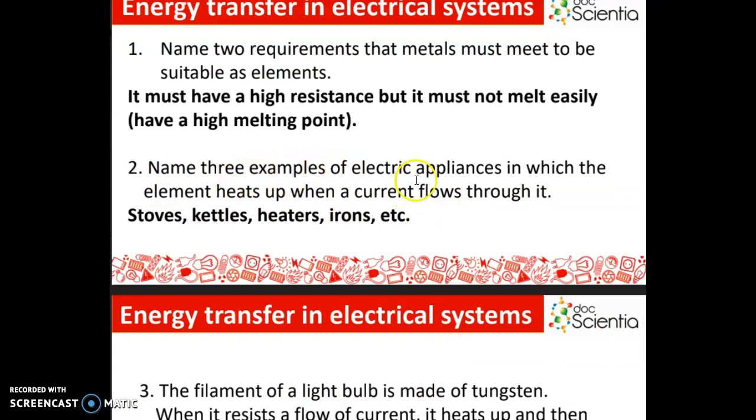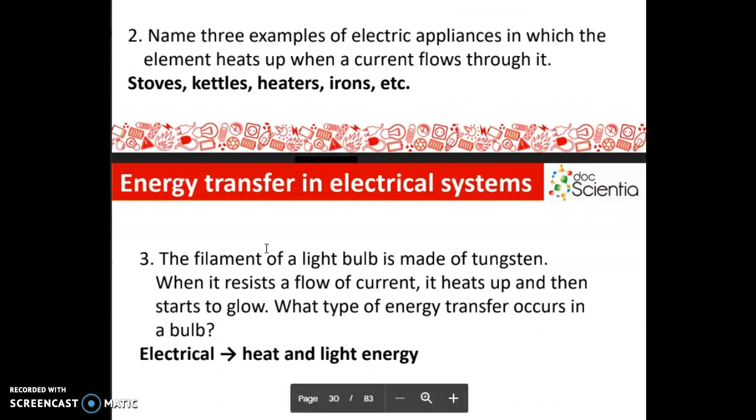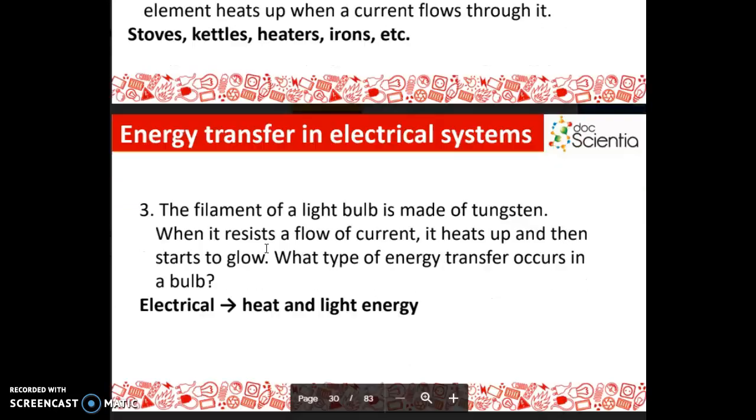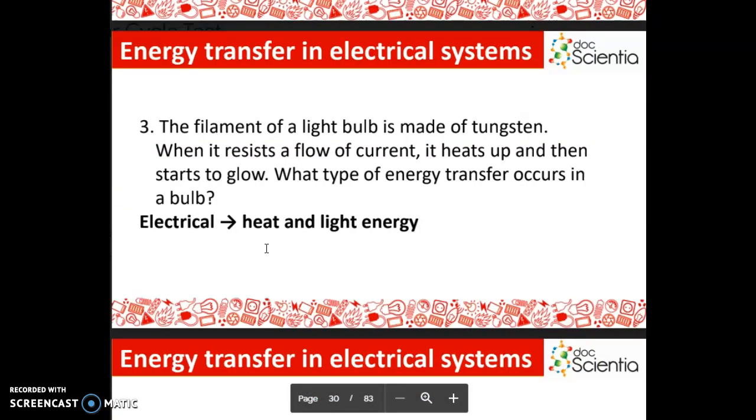Name 3 examples of electric appliances in which the element heats up when a current flows through it. That would be a stove, a kettle, a heater, or an iron, or anything else you can think of. Number 3. The filament of a light bulb is made of tungsten.